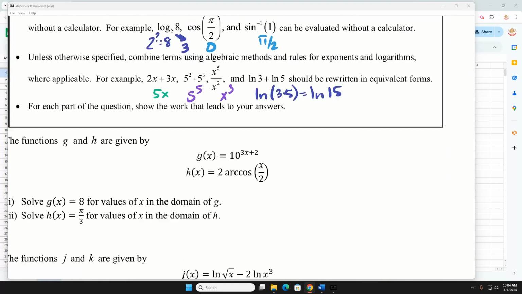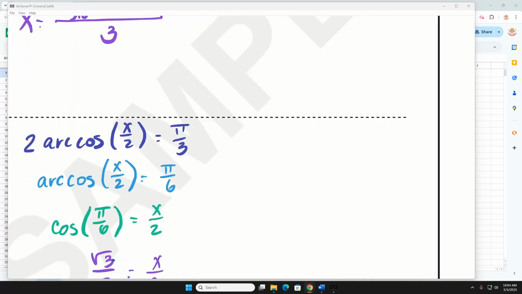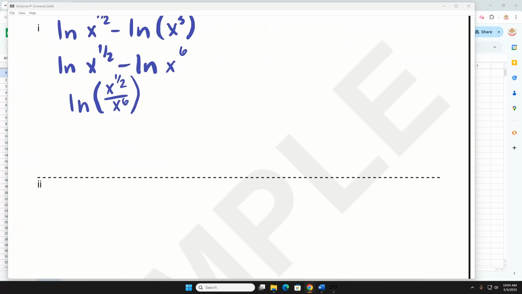So this is kind of the same idea that we had here where we subtracted, but this is actually more difficult for a couple of reasons. For one, when we subtract, if we have x to the 1/2 on the top and x to the 6 in the denominator, where are your x's going to be left over when you simplify that? The bottom.